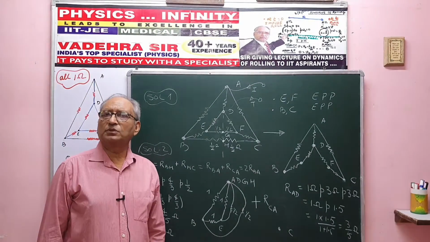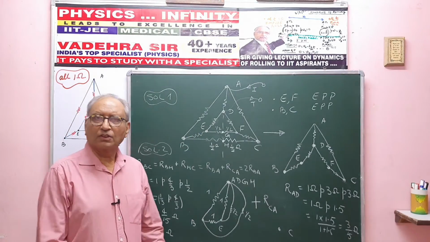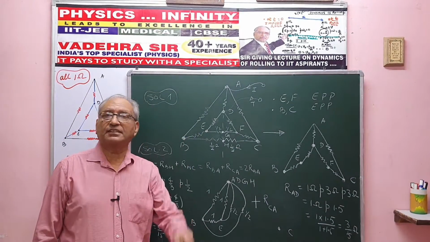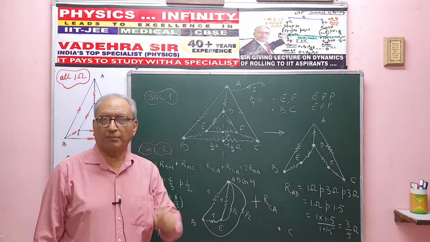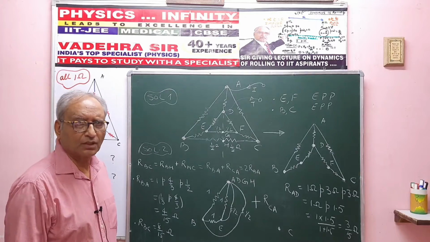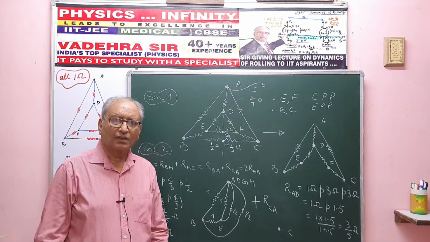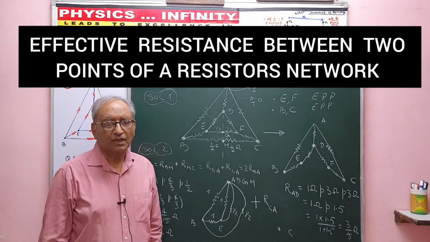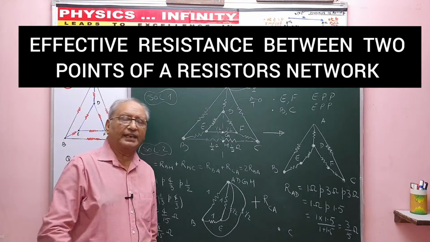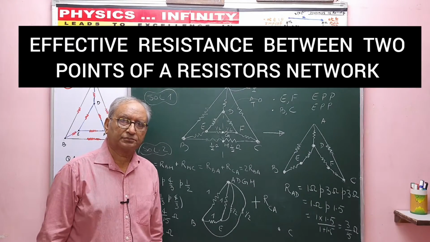I bring to you in this lecture specialized techniques to solve effective resistance network problems, to find the effective resistance of a network. Remember, whenever we have a complicated looking resistor network, we are asked to find the effective resistance between 2 points.